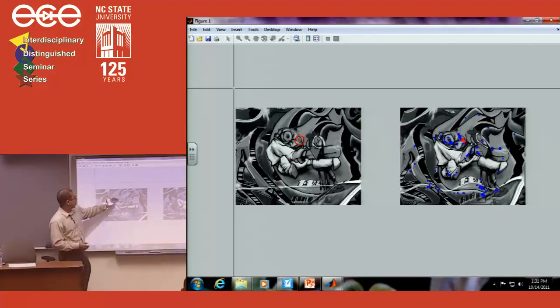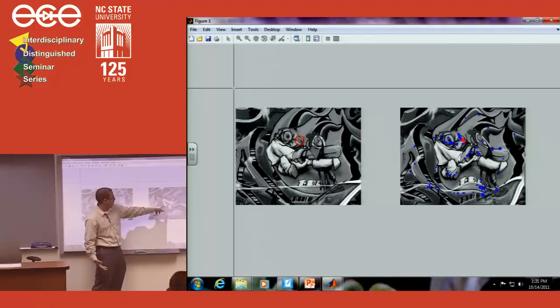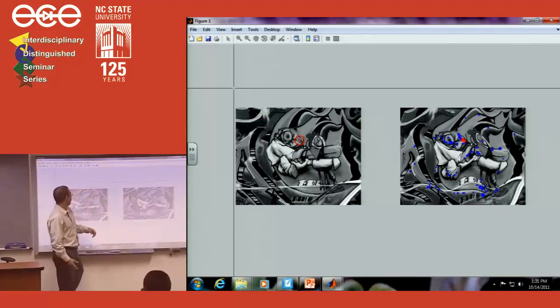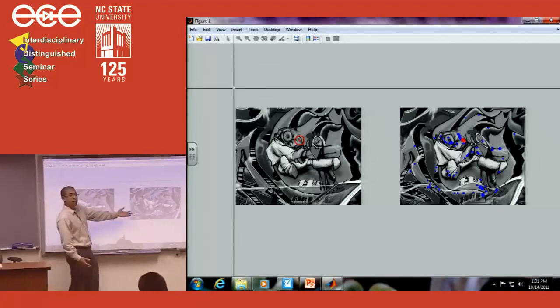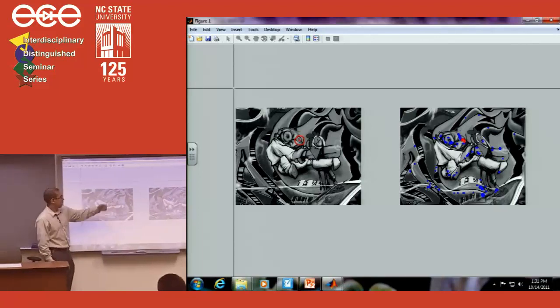You can see that the blue ones reduce the entire image by a lot, so you don't have to search over the entire image, but you end up with a very small set of points. And the red one, in this particular case, has really narrowed down what you want to get at, which is essentially the eye of this picture.